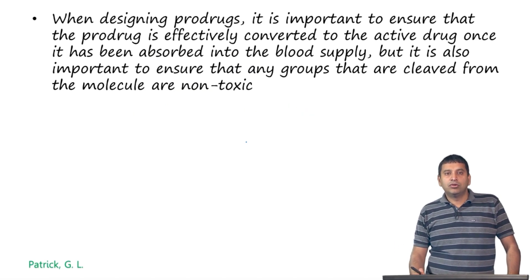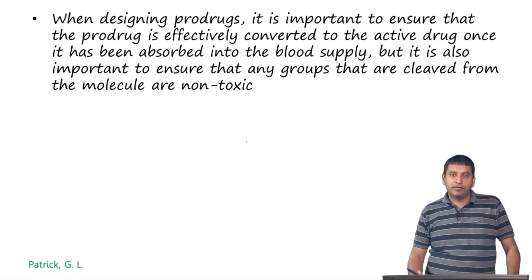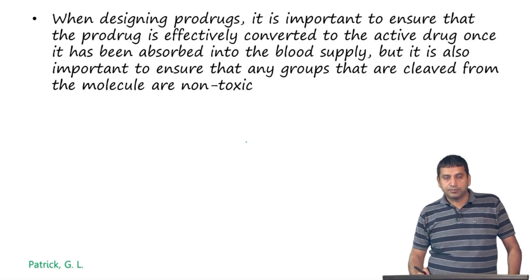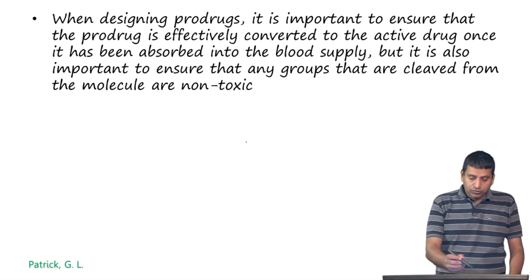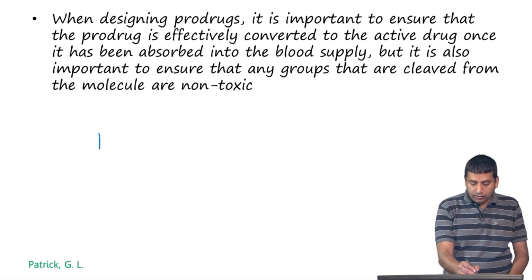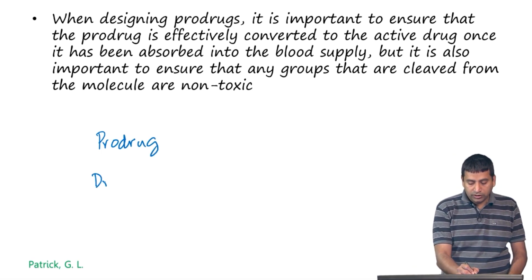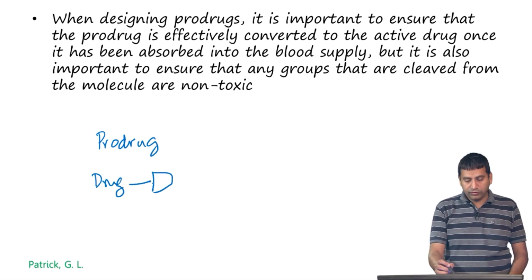Okay. So, what we need to keep in mind when we are designing these prodrugs is that we need to ensure that the prodrug is effectively converted to the active drug once it is absorbed into the blood supply. Of course, we have to ensure that any groups that are cleaved are non-toxic. So, what this means is that let us say you have a prodrug in the form of drug and it has an appendage.